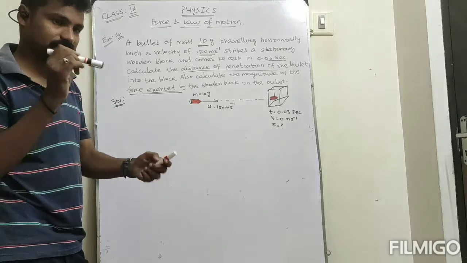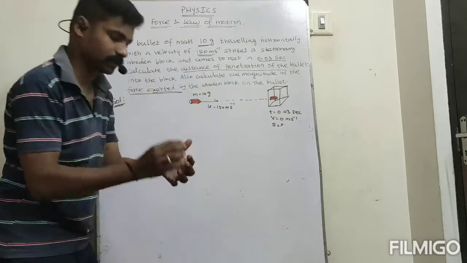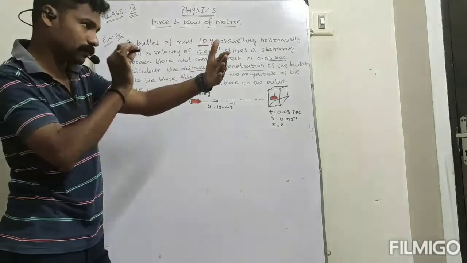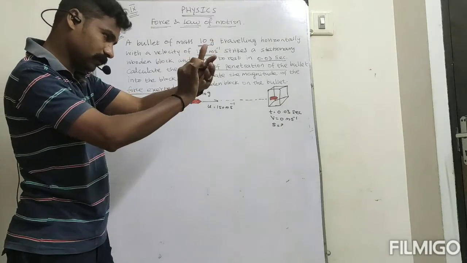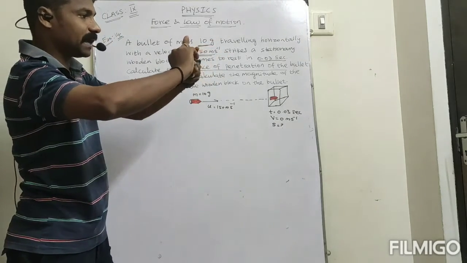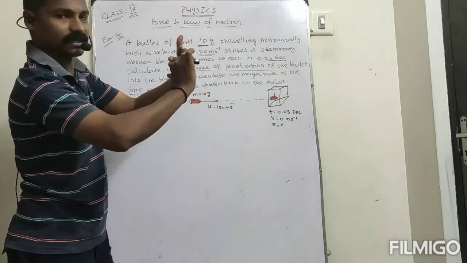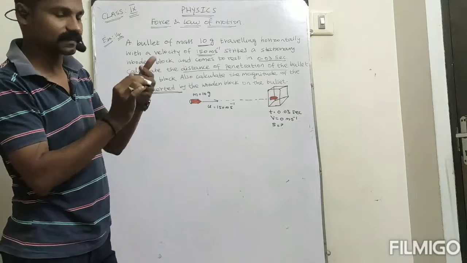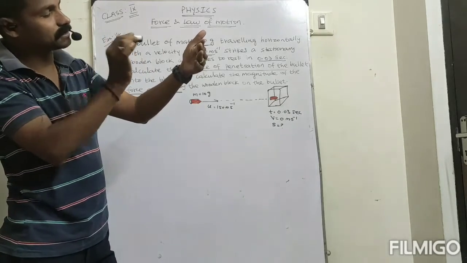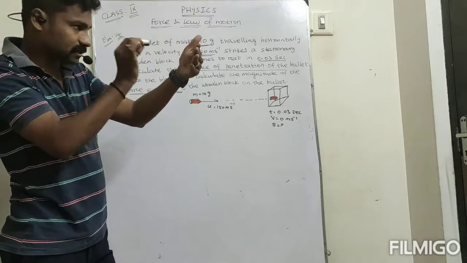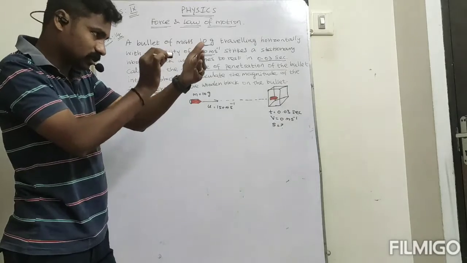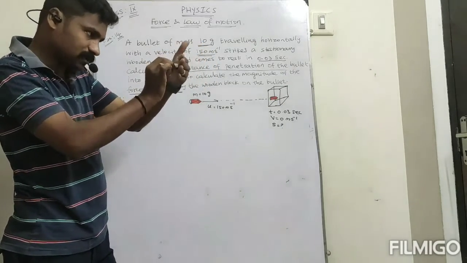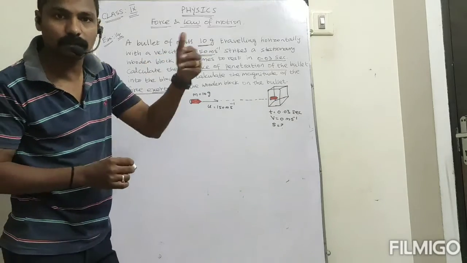For example, it is the bullet. It is the block. So now the bullet is hit on the block, and it will penetrate inside the block. So that is the penetration distance. As you know very well, this bullet is hit on the block, so some opposite force is exerted by the block.